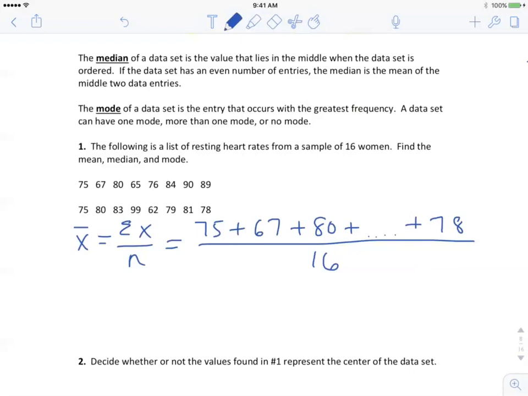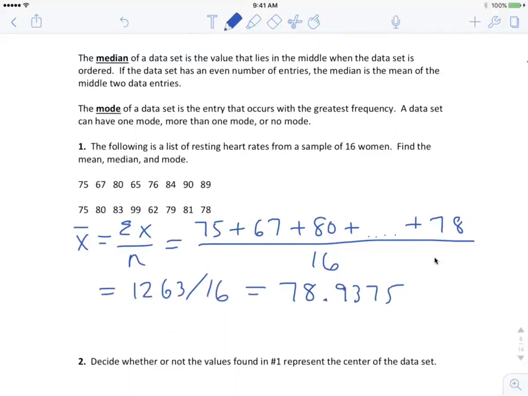If you want to hit pause and try it yourself to see if you get the right answer, that's great. Okay, so for the top, I've got 1263. Dividing that by 16 comes out to be 78.9375. Okay, that would be the sample mean.